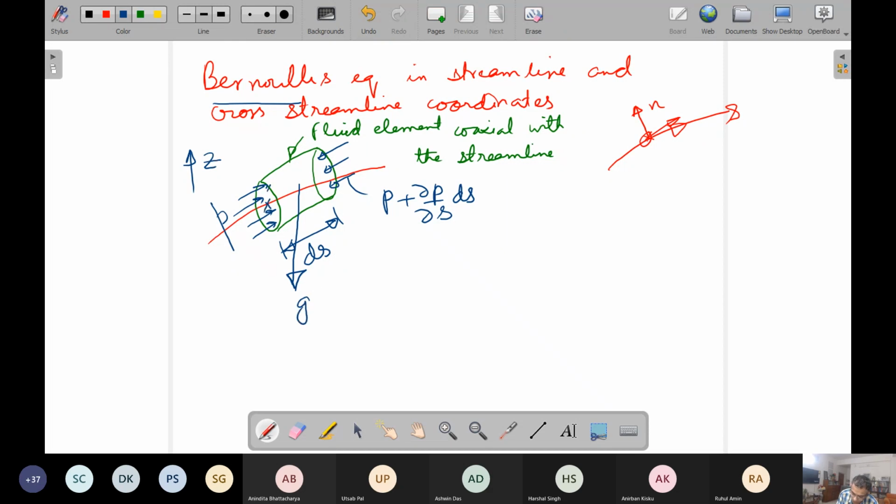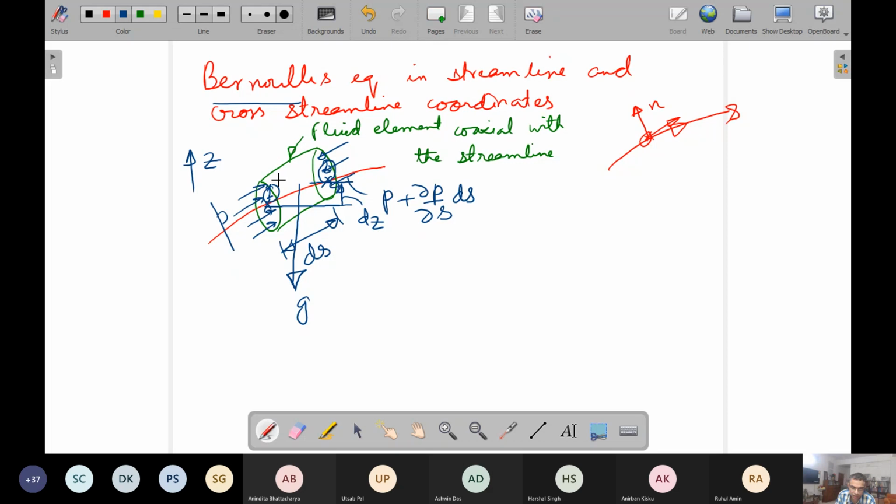If you take points 1 and 2, which are on the streamline, the difference in height between 1 and 2 is dz.